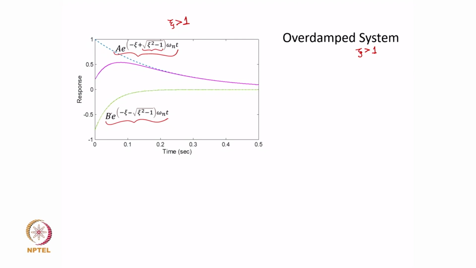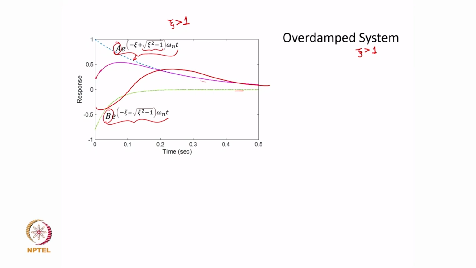So, depending upon the value of A and B, which obviously is again a function of the initial conditions, you will have one term which is exponentially decaying like this, the second term is exponentially decaying like this, and the overall response might look, for a given A and B, like this. Okay. Sometimes you might find that the response could be like this, but eventually it will all fall to 0, okay, as time progresses.